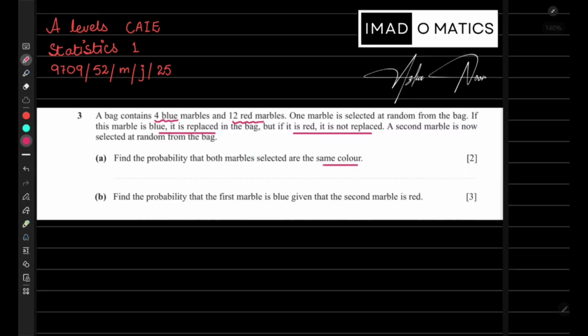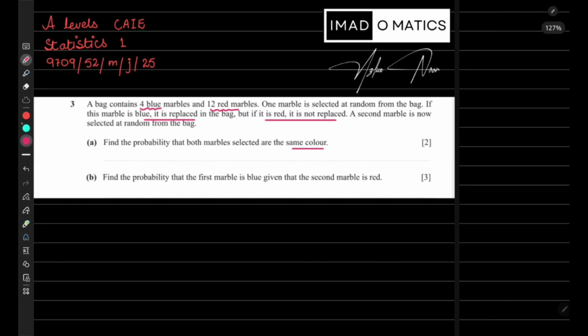Okay, so let's understand what kind of scenario we have. They say that we have a bag that contains 4 blue marbles and 12 red marbles.